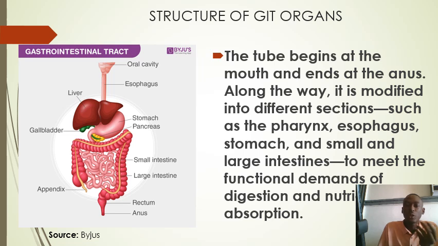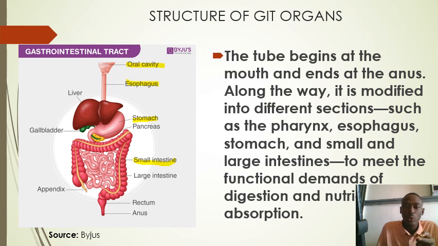Here is the structure of the GIT organs. We start from the oral cavity where food is taken in, down to the esophagus, then to the stomach, then from the stomach to the small intestine: the duodenum, the jejunum, and the ileum.